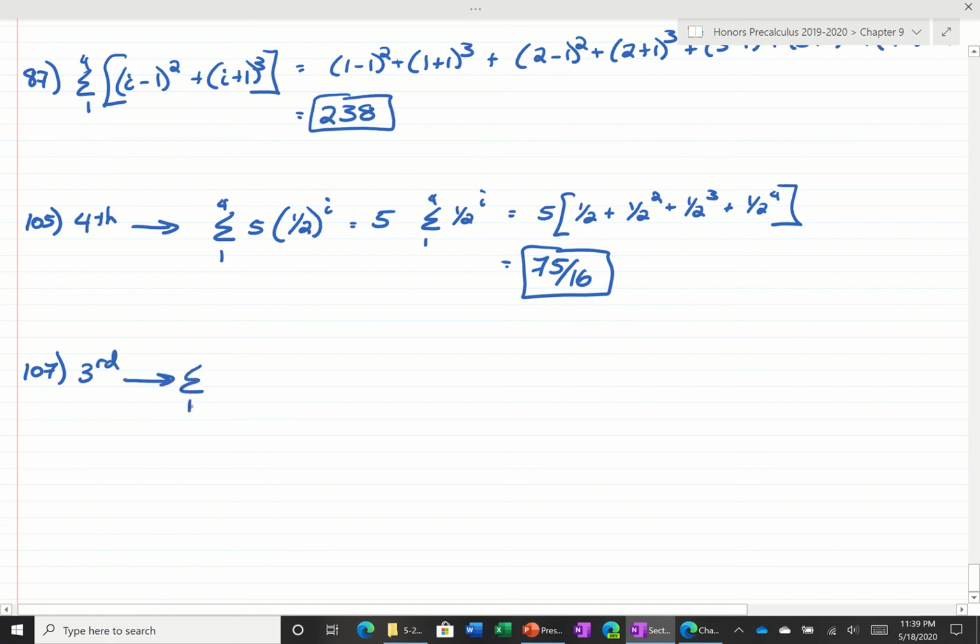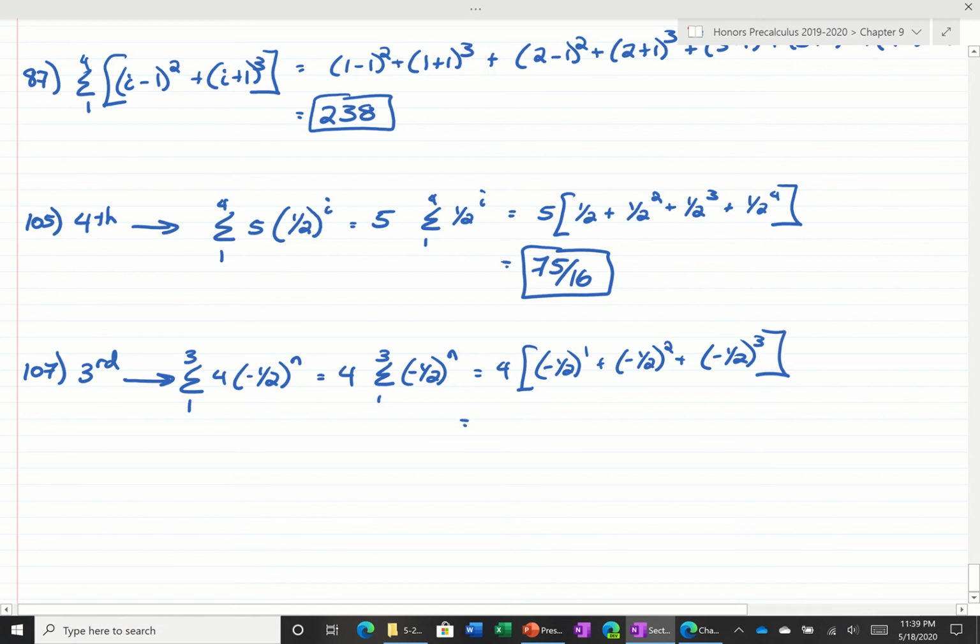That means we're going from 1 to 3 of 4 times negative 1/2 to the n power, which is going to be 4 times the sum of negative 1/2 to the n power, which is 4 times negative 1/2 to the first, plus negative 1/2 to the second, plus negative 1/2 to the third. And if you type that into your calculator, you'll get negative 3/2.